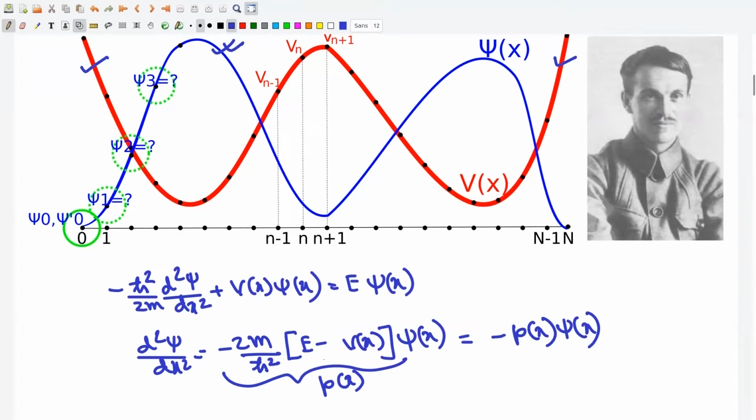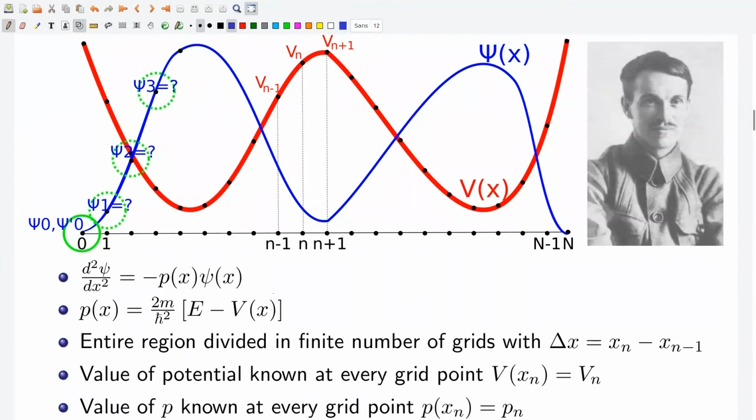Now keep in mind that V of x is given to us, so that means P of x is also given to us. Thus, we have to solve for psi of x from this equation, and V of x is given. That means if I know E, then P of x is also given to me.